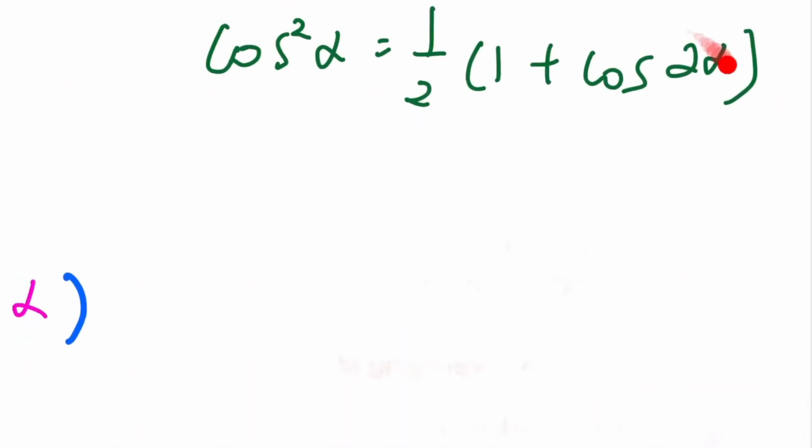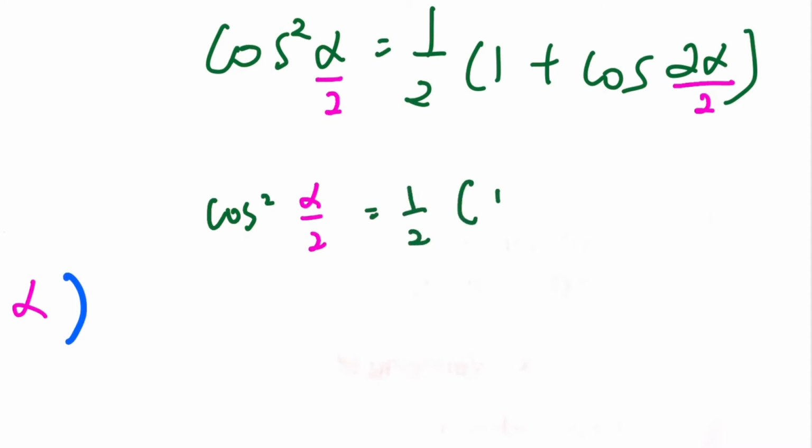Now let's focus on this equation here to get the value of cos alpha over 2. First of all, let's focus on our angle and divide it by 2, and then find another angle here. Again, we want to divide it by 2. So now our equation will become cos squared alpha over 2 equal to half of 1 plus cos alpha.